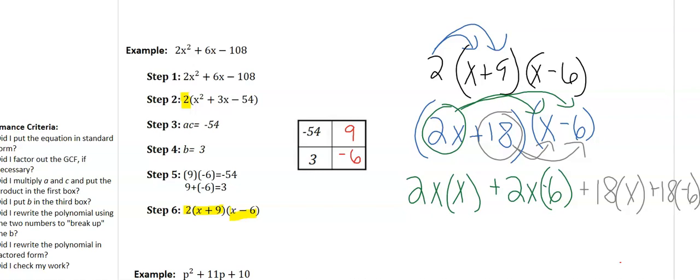And now I can simplify. 2x times x is 2x squared. 2x times a negative 6 is a negative 12x. 18 times x is a positive 18x. And 18 times a negative 6 is a negative 108.